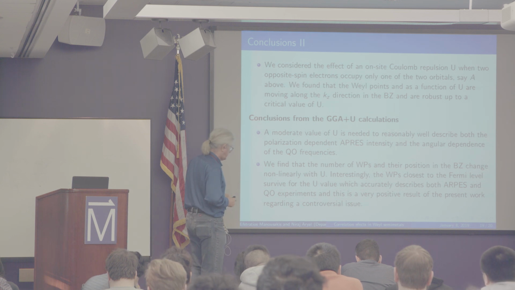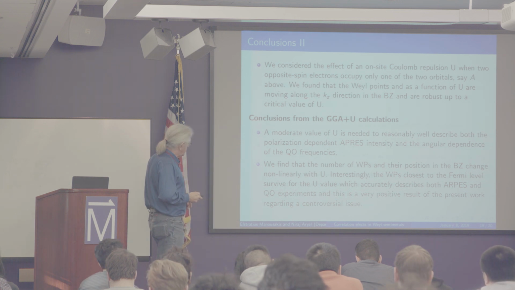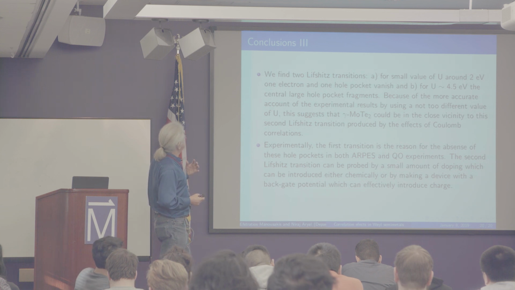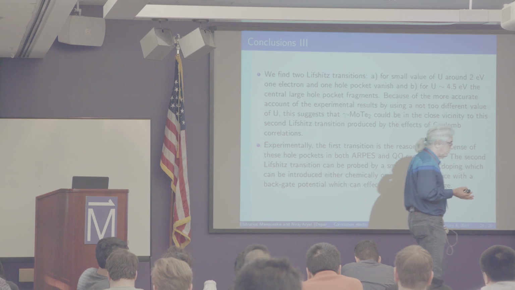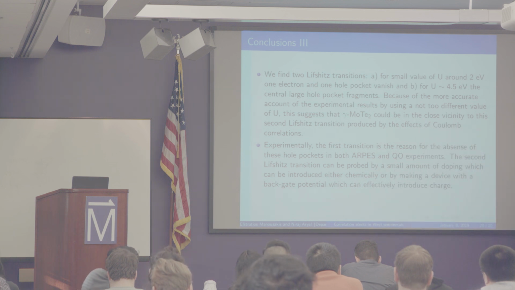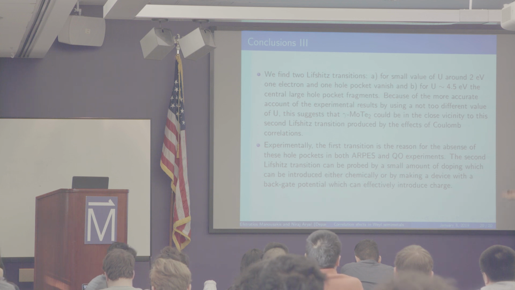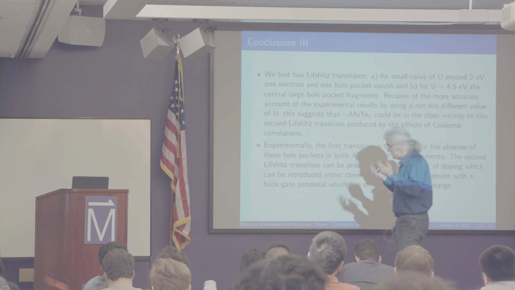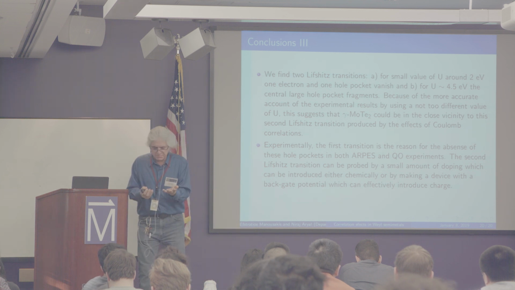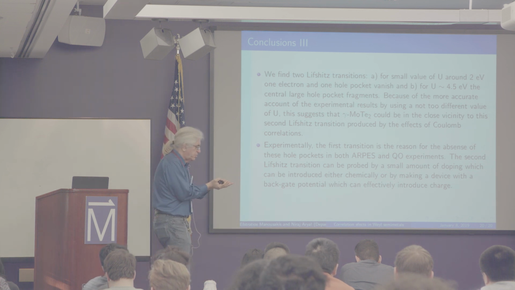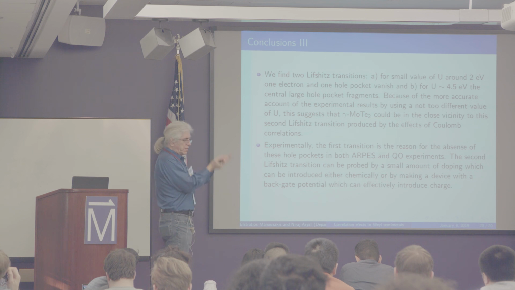And we found two Lifshitz transitions. One is immediately with a very small value of U, of the order of 1 eV. We found that some hole pockets and electron pockets just disappear. They move slightly above the Fermi surface because of the U. But they are not going away completely.